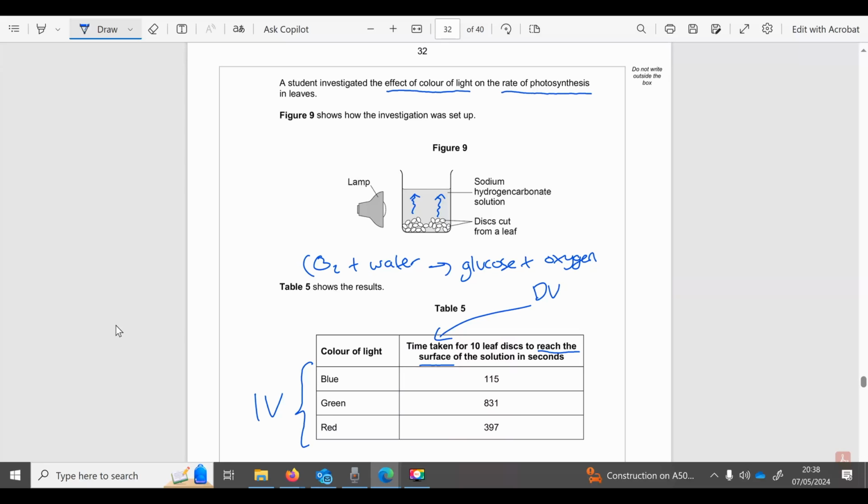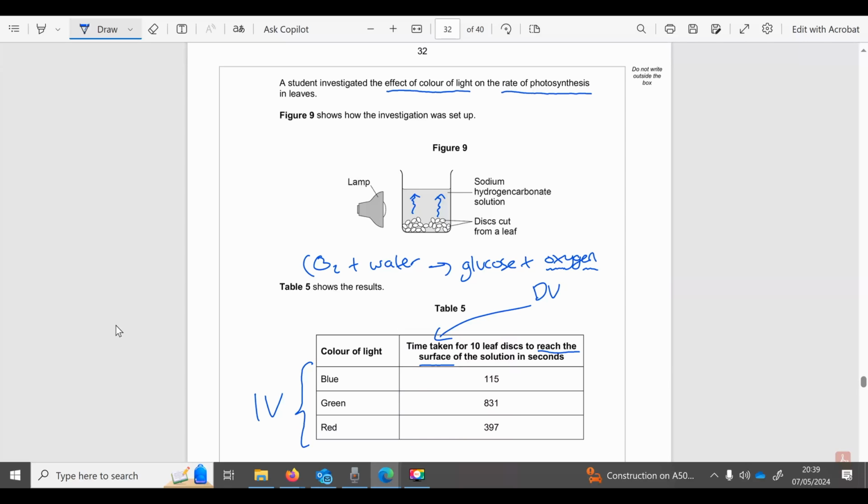But our oxygen is getting produced, and our oxygen is a gas. And we know that gases are very light, or not very dense. So they would like to rise up. Think about a balloon. When you fill up air into a balloon, the balloon rises. It's got to do with density.